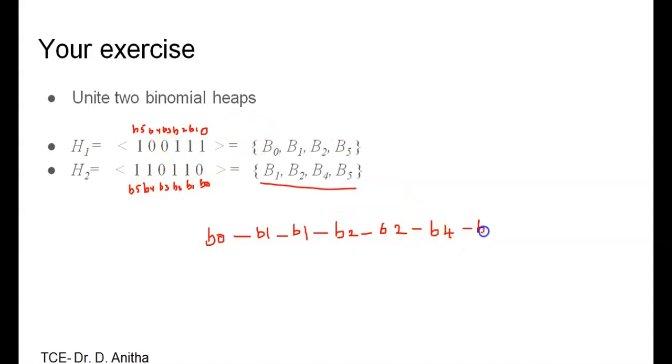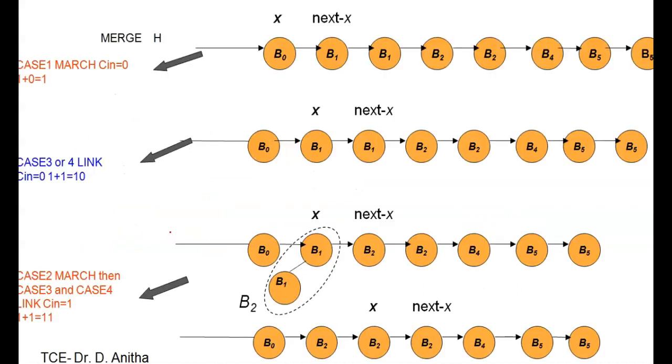And I have two B5. So this is the merge operation result. Okay, and your head will be pointed by this. So this is the resultant merge operation. Hope you understand this one, right?